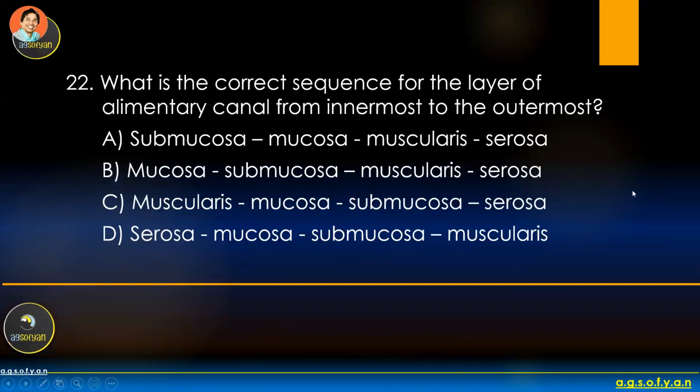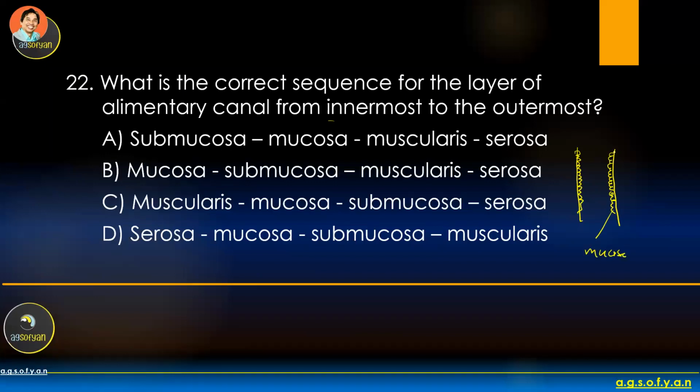What is the correct sequence for the layers of the alimentary canal from innermost to outermost? The alimentary canals, for example stomach and intestine, have four layers, from inner to outer. The inside layer is called the mucosa, which mostly consists of epithelial tissue. That's the first layer.